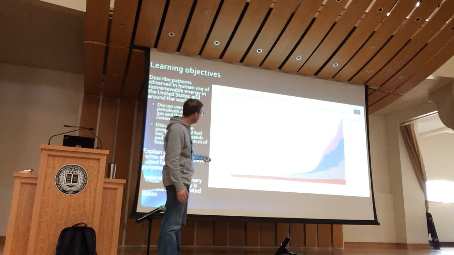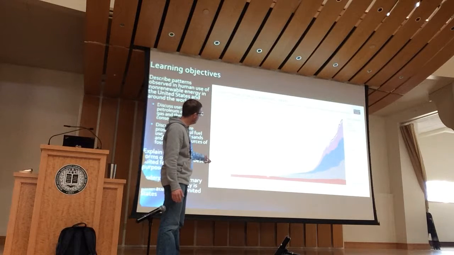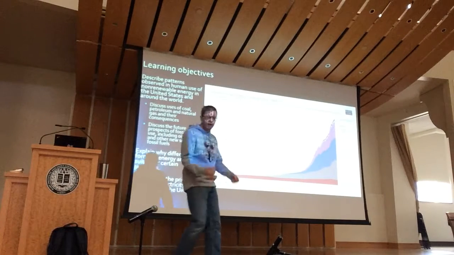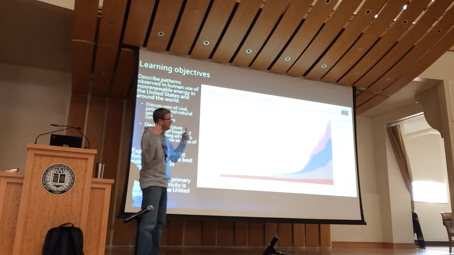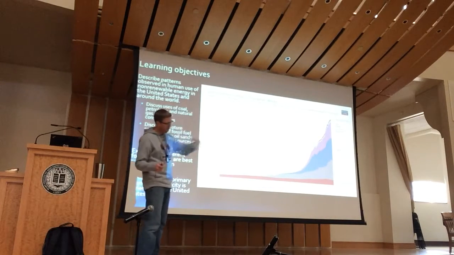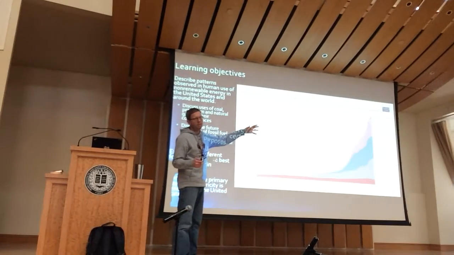As the Industrial Revolution picks up steam, we see coal become the primary dominant source. It is coal that fueled the Industrial Revolution. It is coal that drove the steam engines across the United States.